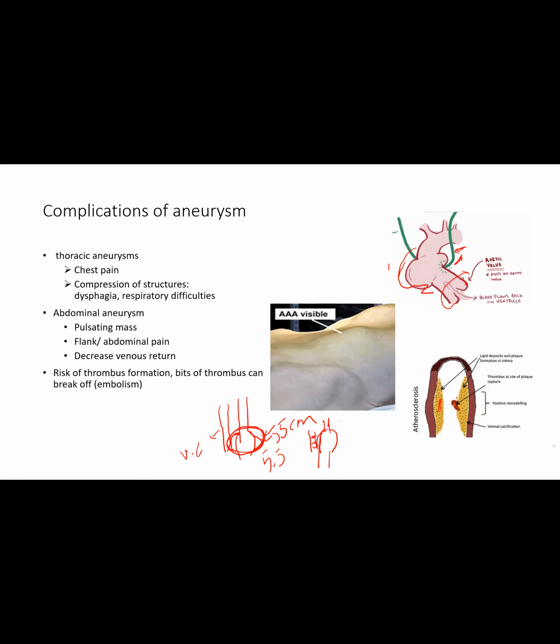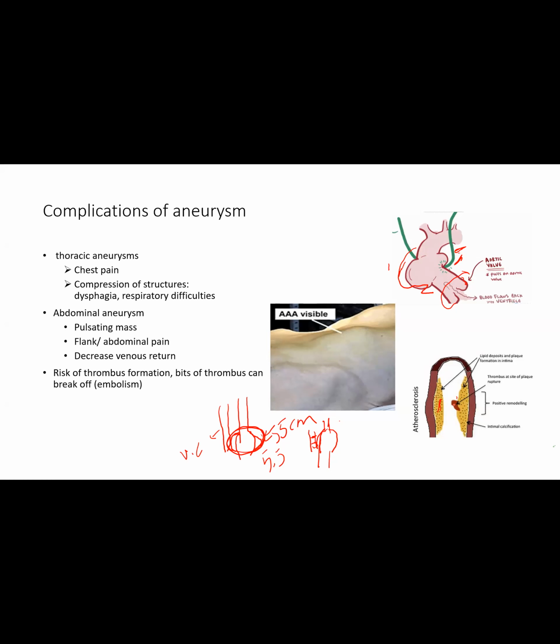So another complication of the aneurysm is thrombus formation, for example intraluminal thrombus, which is very common in abdominal aortic aneurysm. When a thrombus forms, bits can break off.